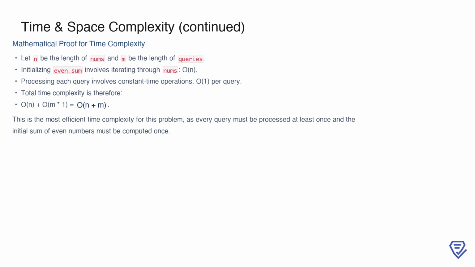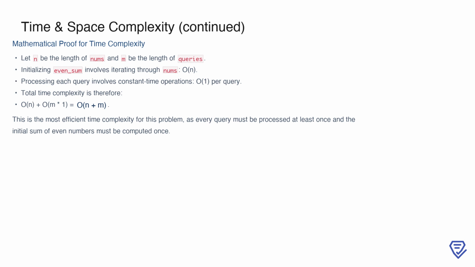Finally, let's provide a mathematical justification for the derived time complexity. Let n represent the length of the nums array and m represent the number of queries. The initialization step, where we compute the sum of even numbers, involves iterating through the nums array once and takes n. Each query involves a series of constant time operations, so processing all m queries takes m.